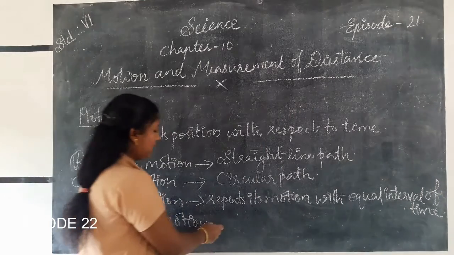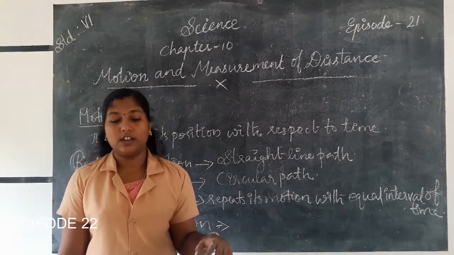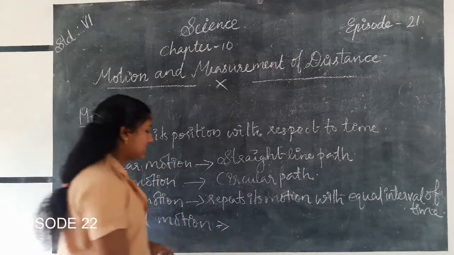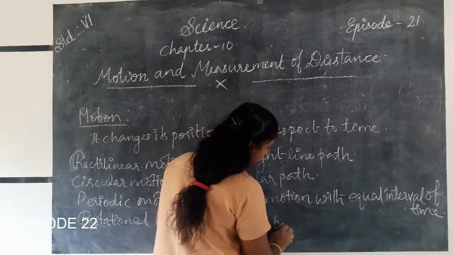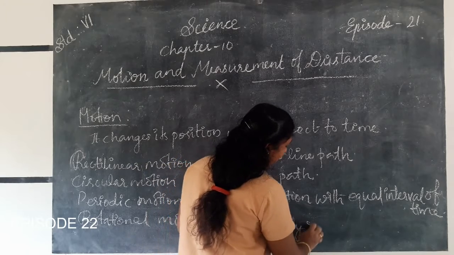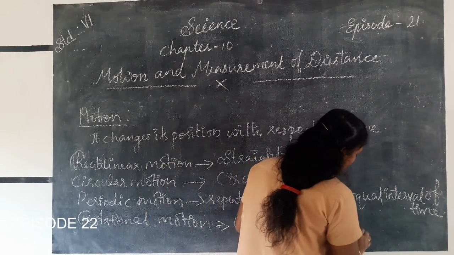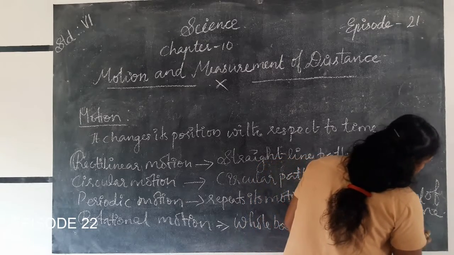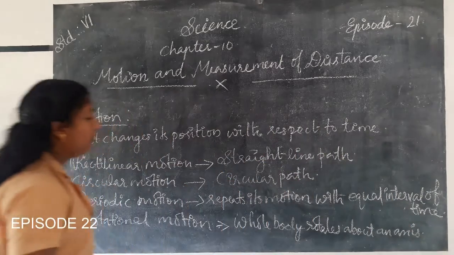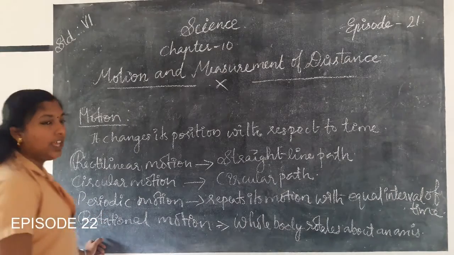Then rotational motion means the whole body of an object rotates about an axis. The whole body rotates about an axis is called rotational motion.